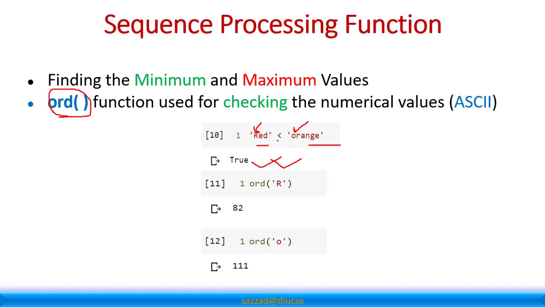So when we said red is smaller than orange, that means R, which is 82, is smaller than 111, and it produces the result True. That's how it works. We can compare values in Python because when we compare, it actually uses the ASCII value of the character. Let's move forward.